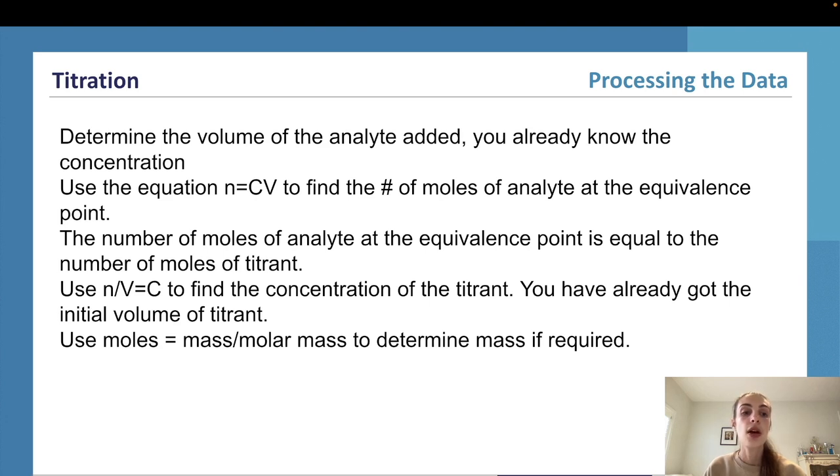So we can use concentration equals moles over volume in order to find the concentration of the titrant. And so this is because you've already got the initial volume of the titrant, and so then you can use moles equals mass over molar mass to determine the mass, if that was then required, if you were adding in a certain amount of solute into the solution.